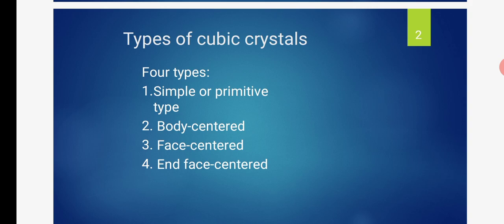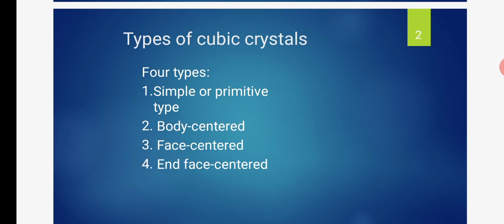Face centered cubic lattice means eight corners are occupied by spheres, and there are six faces. At the center of each face is occupied by a sphere, and such type is known as face centered cubic lattice or cubic crystal.